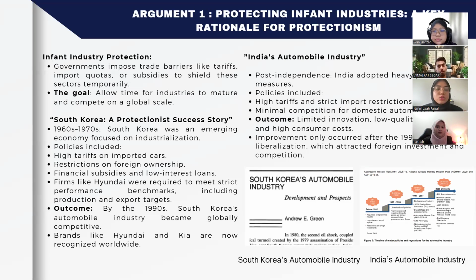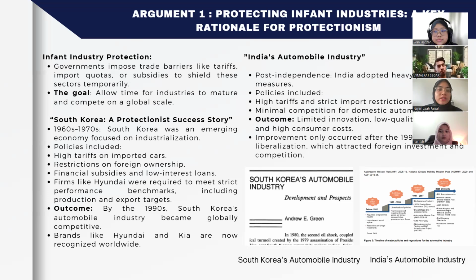They might use import quotas to limit the quantity of competing products that can enter the market, or provide subsidies to help domestic firms reduce costs and invest in growth. Infant industry protection is about giving emerging sectors the tools and time they need to become self-sufficient and internationally competitive, laying the groundwork for sustainable economic growth.